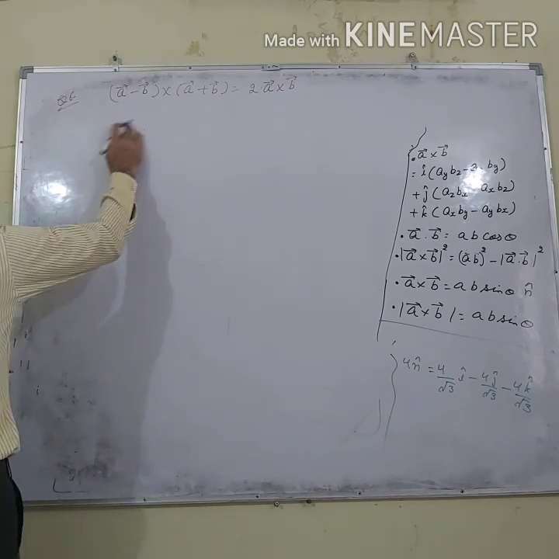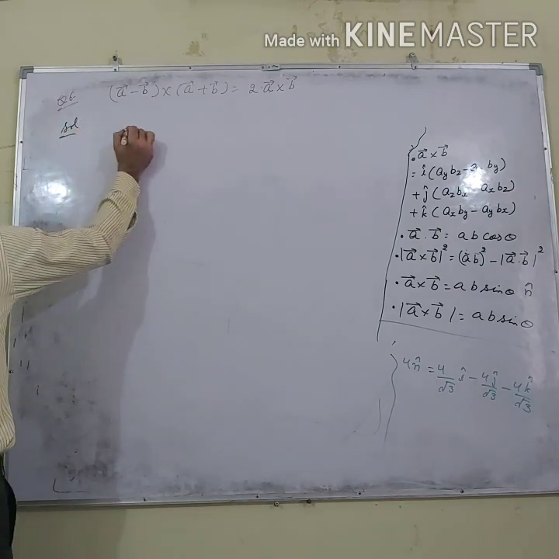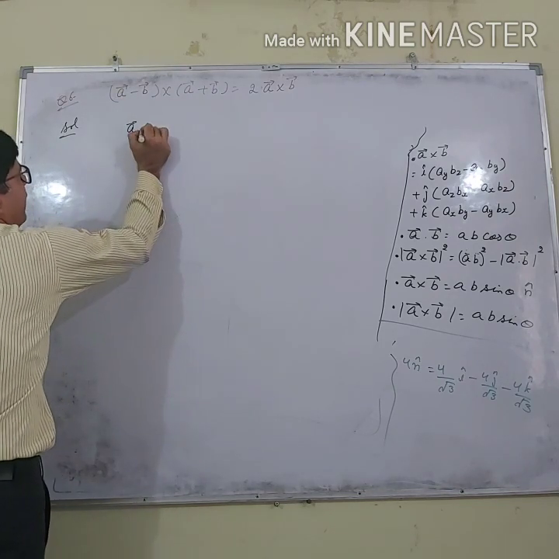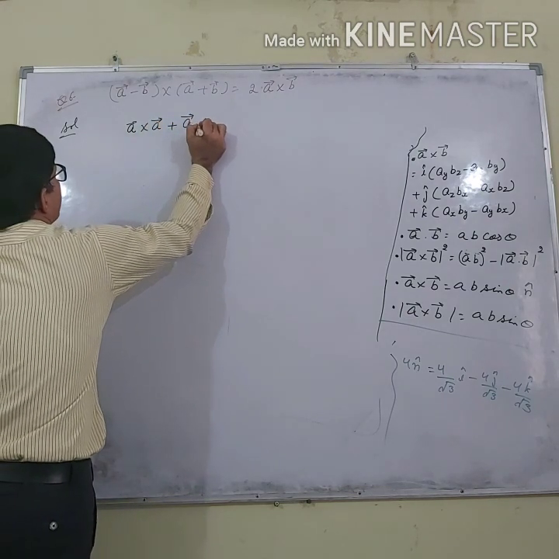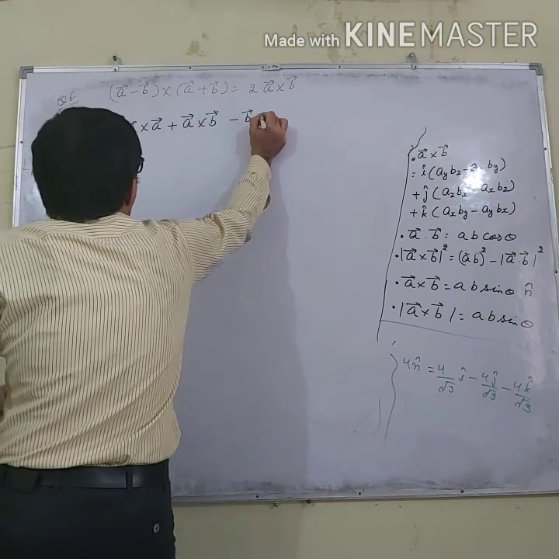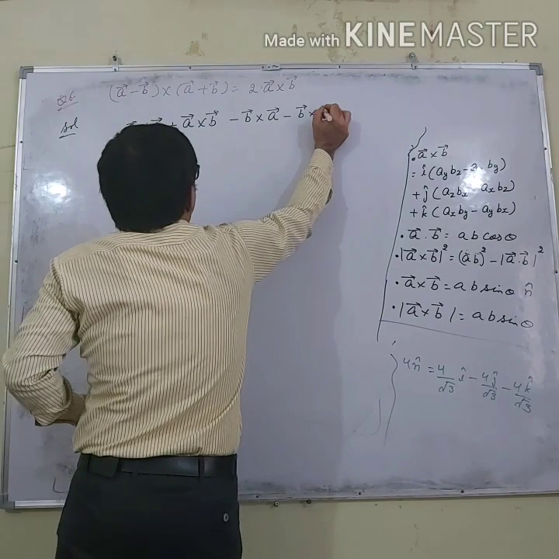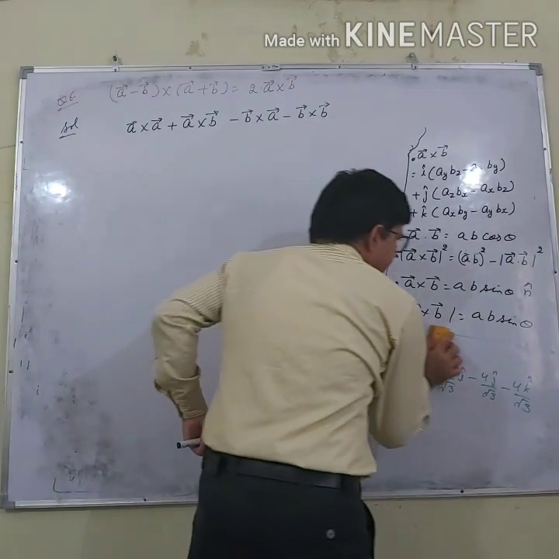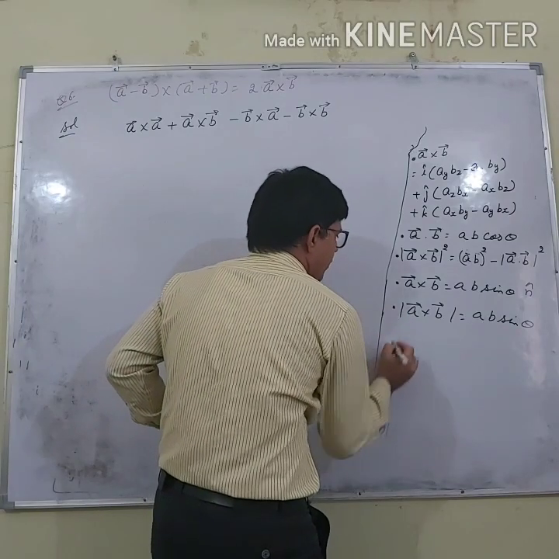On opening the brackets, solution is: A cross A plus A cross B minus B cross A minus B cross B. Now one more point I'm going to add is that cross product is anti-commutative.